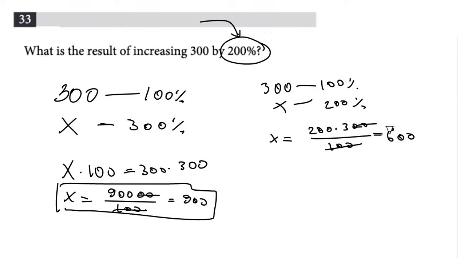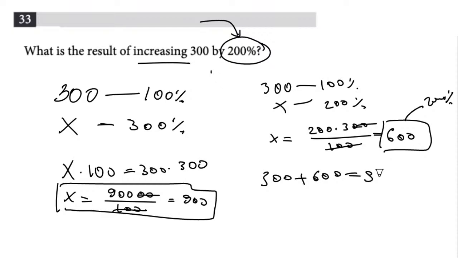So this is 200% of 300, and we need the result of increasing. So we add 300 plus 600, and we get 900. That's it for this question.